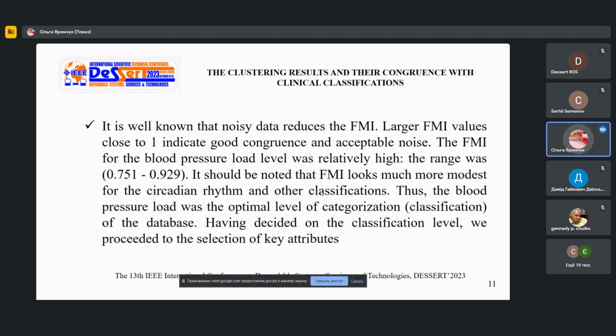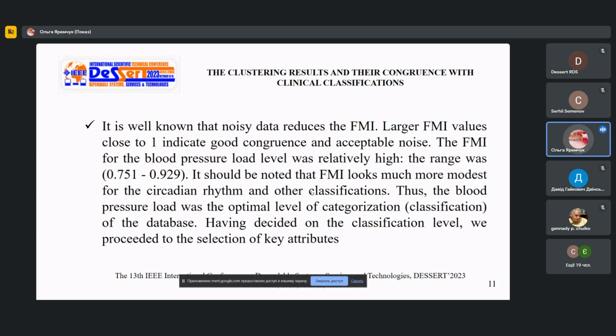It is well known that noisy data reduce the FMI. Larger FMI values close to 1 indicate good congruence and acceptable noise.